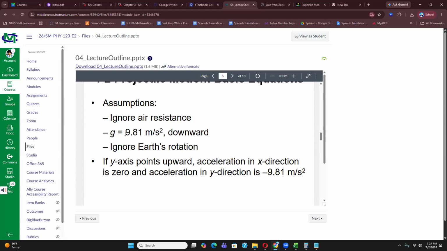Remember, in the vertical, on the y-axis, the acceleration is always pointing down. Vector-wise it is negative 9.8 meters per second squared. There is zero acceleration on the x-axis. So there is no acceleration in the horizontal, just on the vertical.